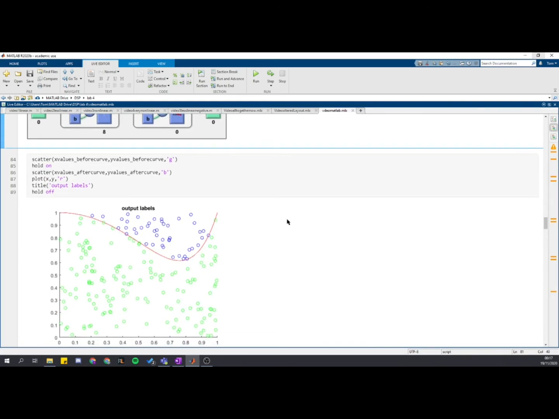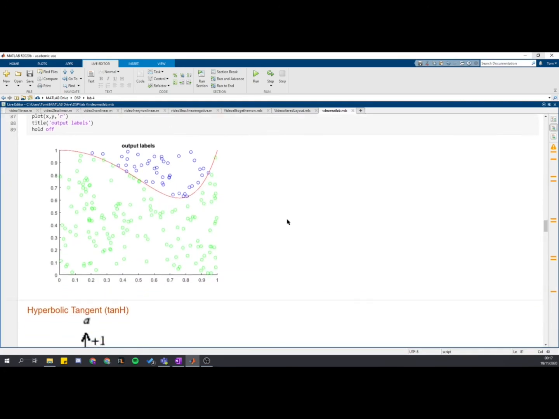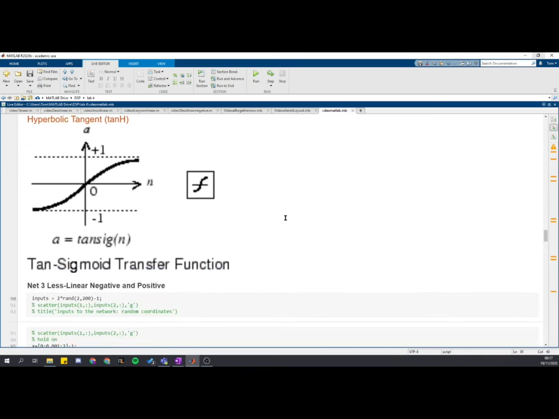The next activation function we will look at is the hyperbolic tangent, or tanh. This is the default activation function for the hidden layers of a pattern net in Matlab that we saw earlier. This function operates very similar to the sigmoid function, except it scales its values from -1 to +1 in the same S shape seen in the sigmoid function.